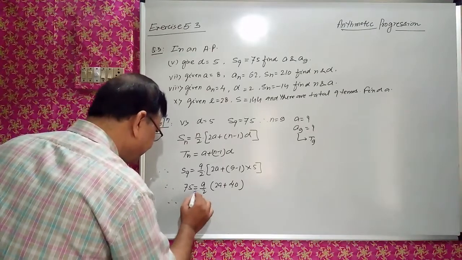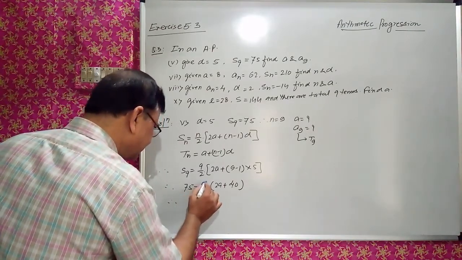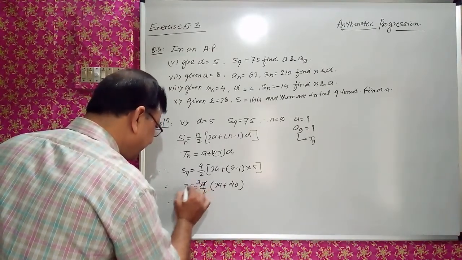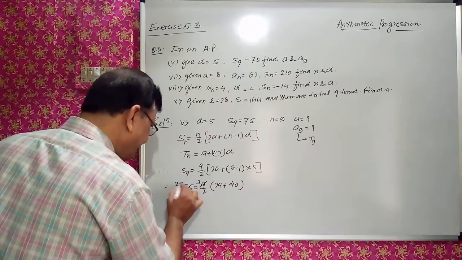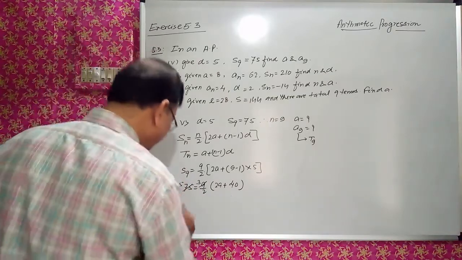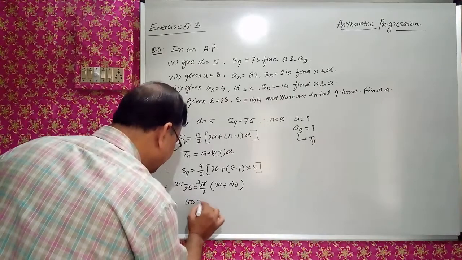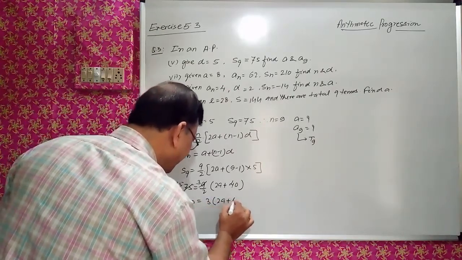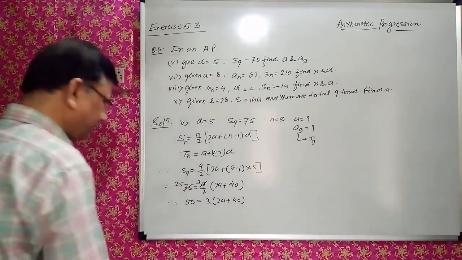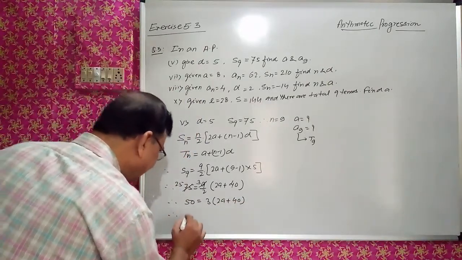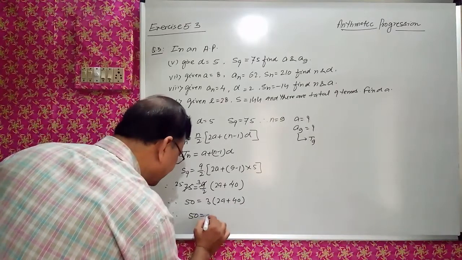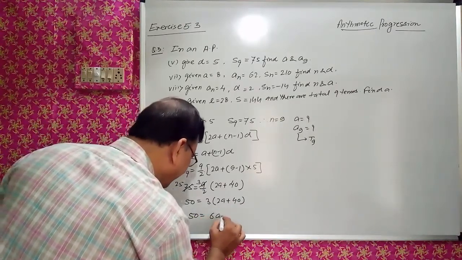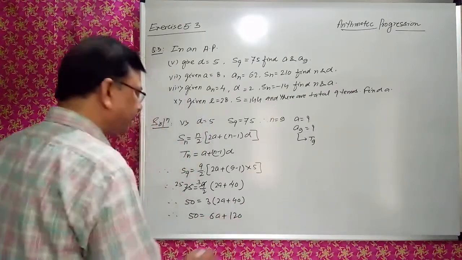Therefore, 3 times 25. So therefore 50 is equal to 3 into 2a plus 40. Therefore 50 is equal to 6a plus 120.